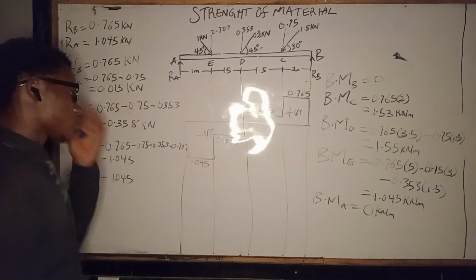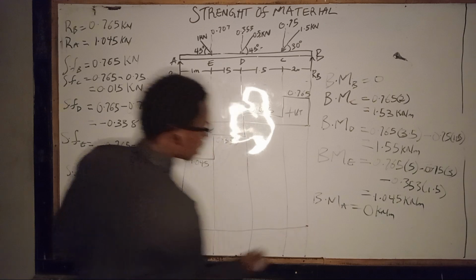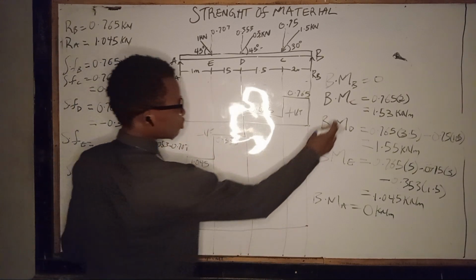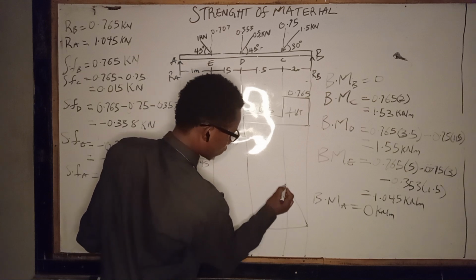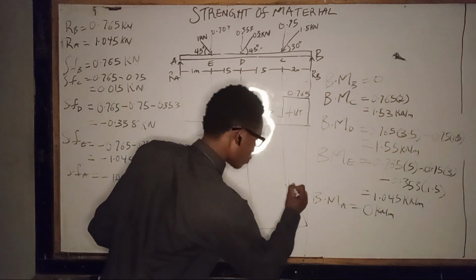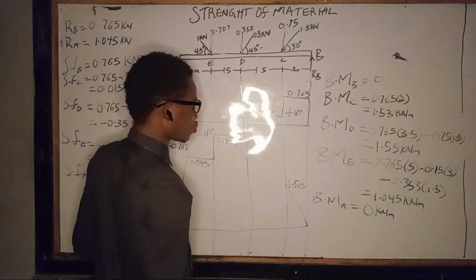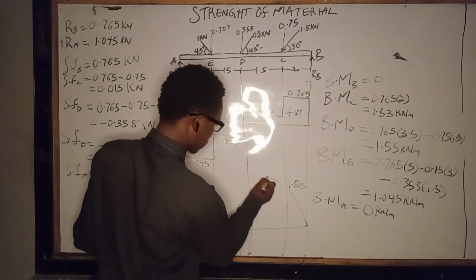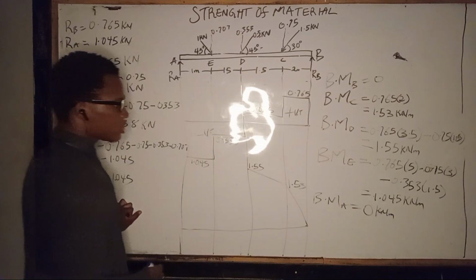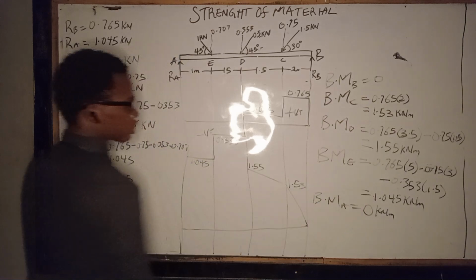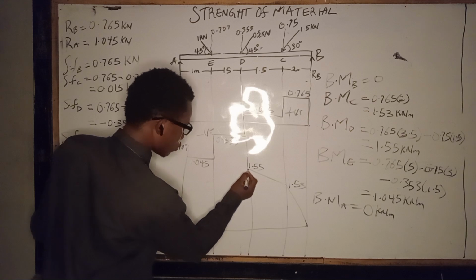That is for that. Then our bending moment diagram, we do our neutral line right here. Bending moment at B is 0, bending moment at C is 1.53. We take it up to 1.53. Then our bending moment at D would be equal to 1.55. Our bending moment at E is 1.045, so that will be lower than 1.53.